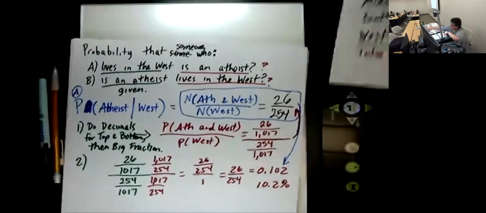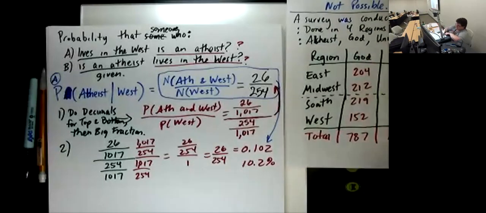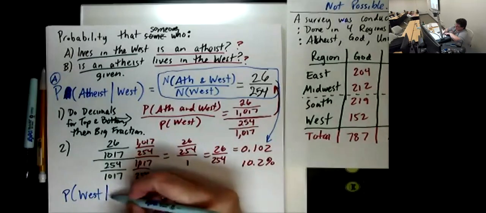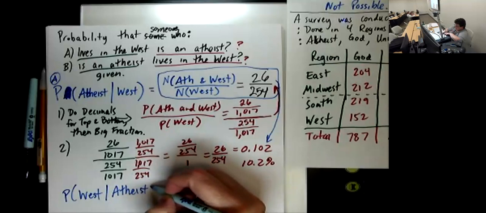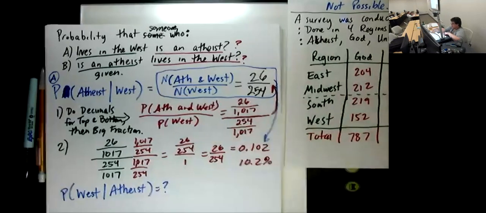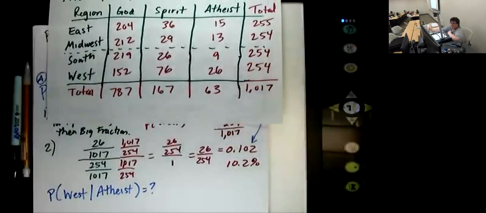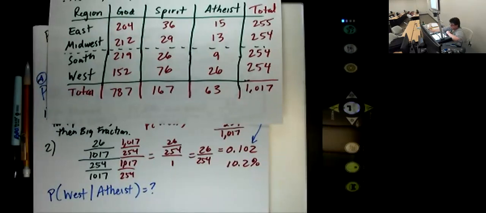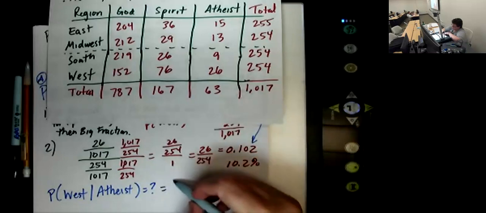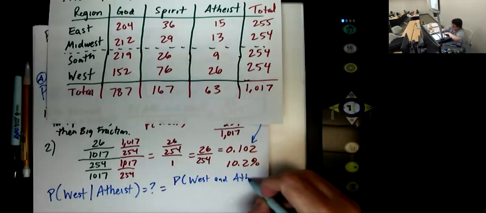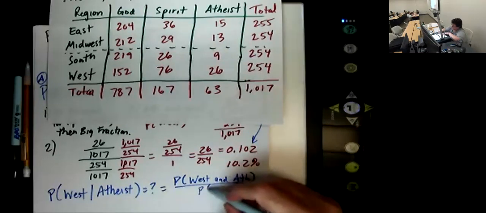All right, with that piece of information, what about probability that someone lives in the West, given that they are an atheist? So the formula is probability of both West and atheist over the probability of just atheist.